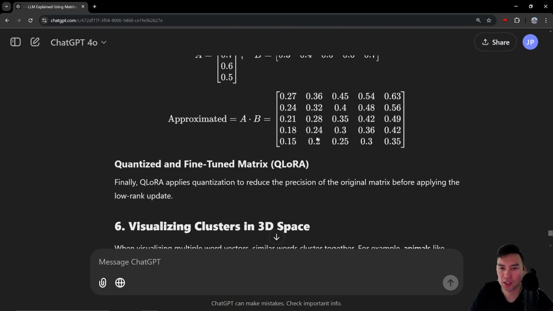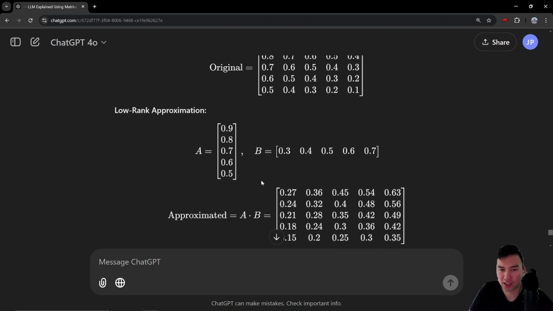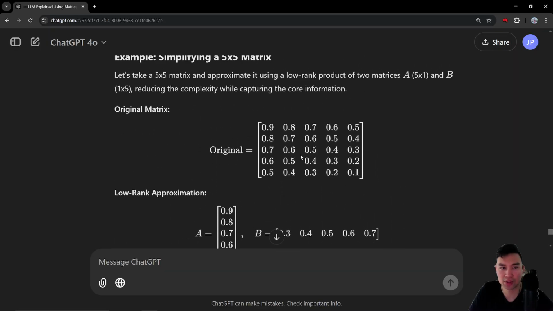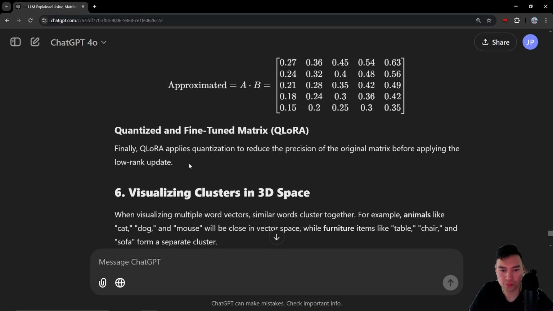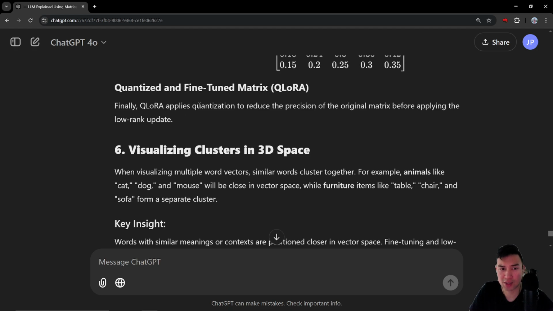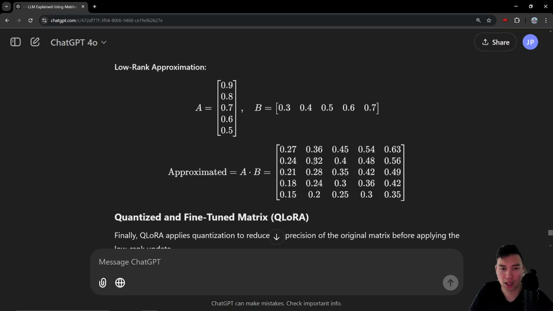So instead of injecting 25 different numbers, you're injecting only 10, right? That's how it's so much more efficient. But finally, quantized low rank adaptation applies quantization to reduce the precision of the original matrix before.